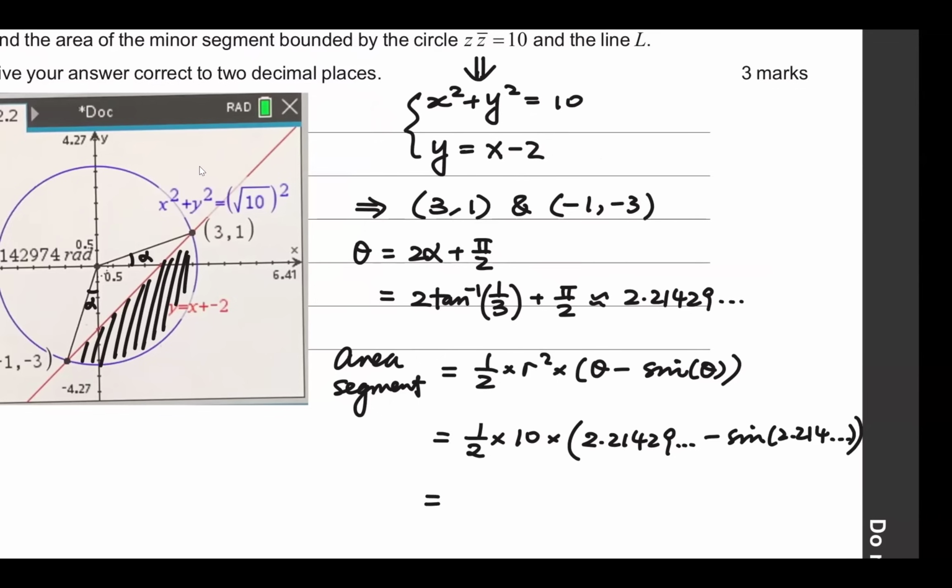Okay, eventually you can round this answer to 2 decimal places, okay? And the answer is 7.07 square units. All right.